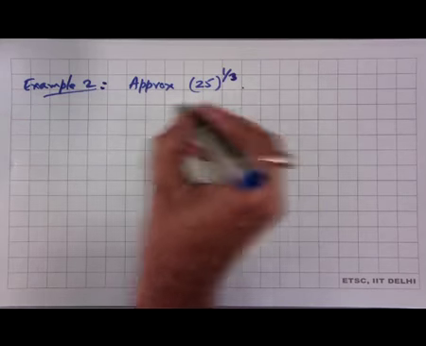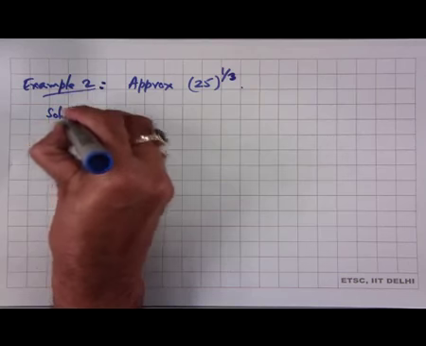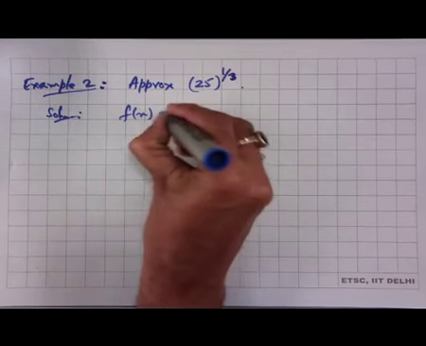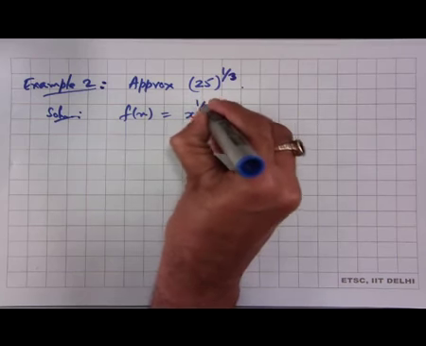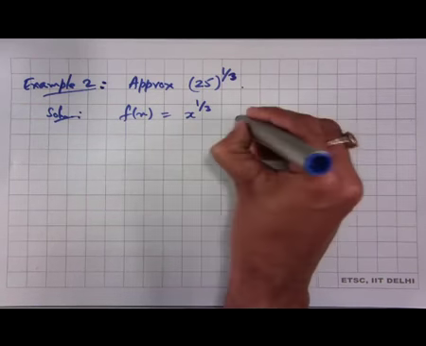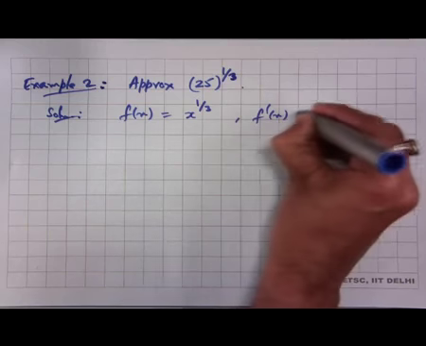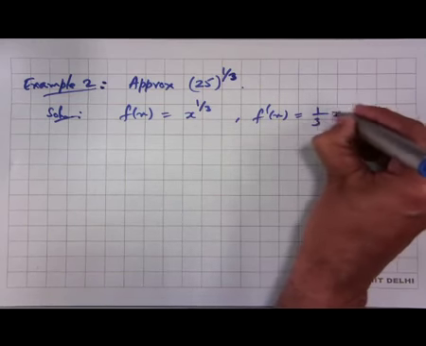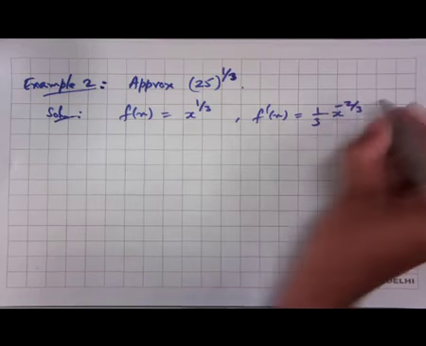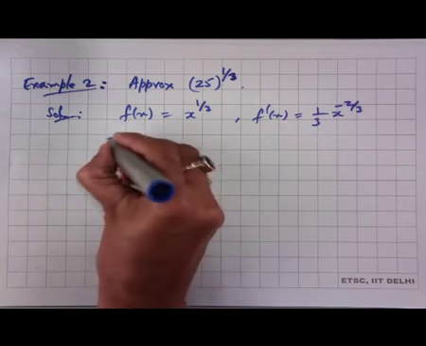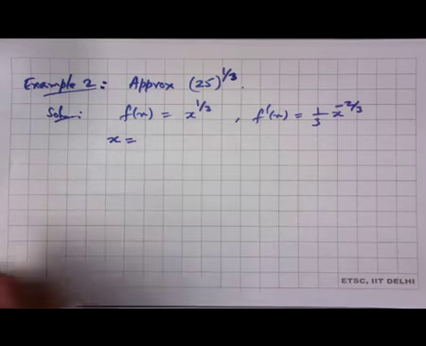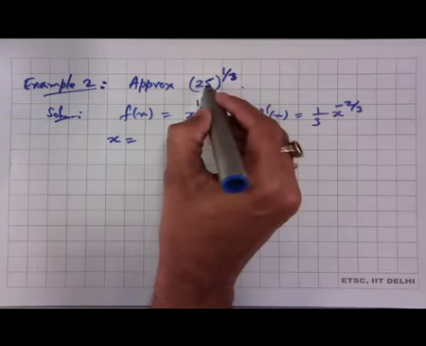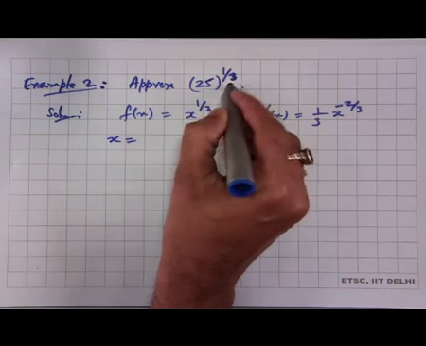So, again what we do is we take the function f of x equal to cube root of x, and then f prime x will be 1/3 x to the minus 2/3. Then we take x to be equal to, now we have to look for a value near 25 for which calculating the cube root is easy.